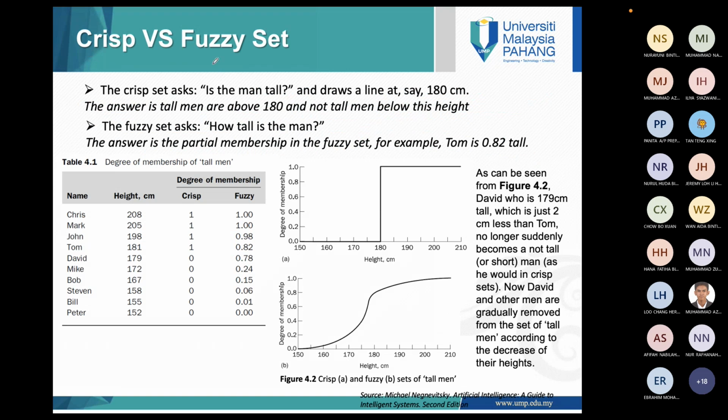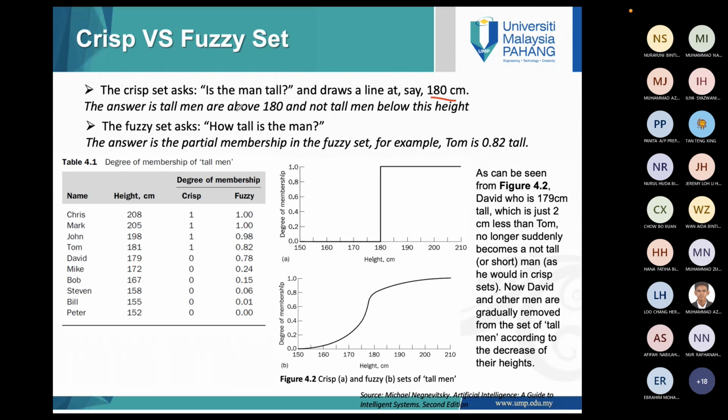So, crisp versus fuzzy set. The crisp set will ask, is the man tall? Draw the line at, let's say, 180 centimeters. The answer is: tall men are above 180 and not tall men below this height.